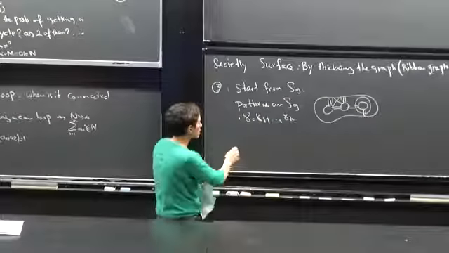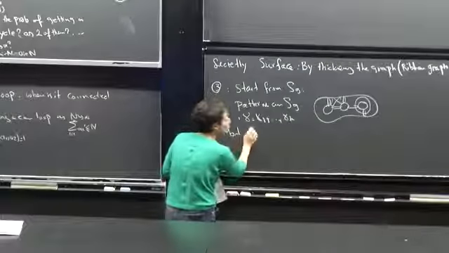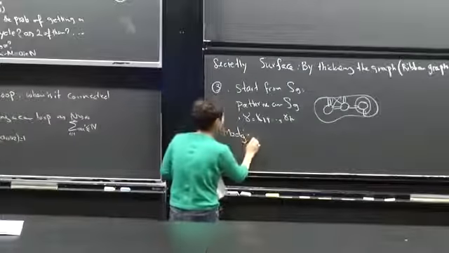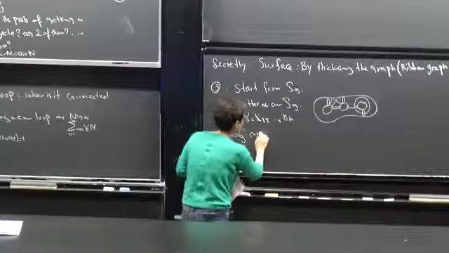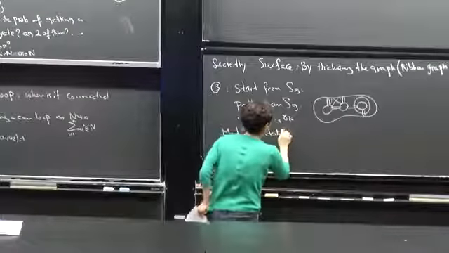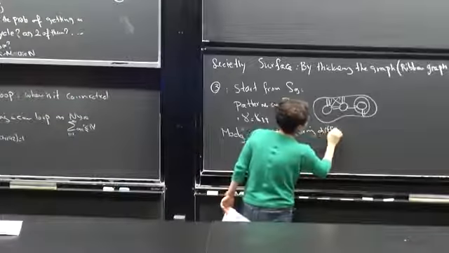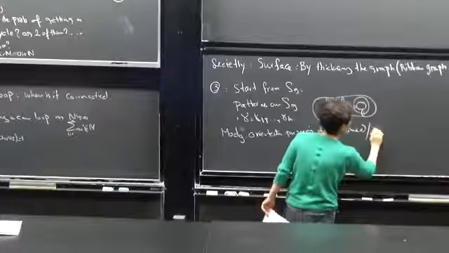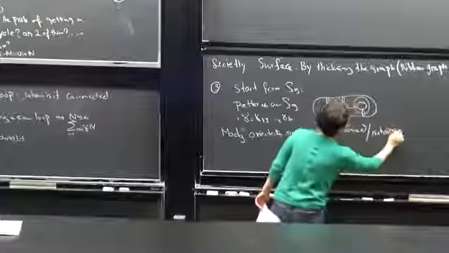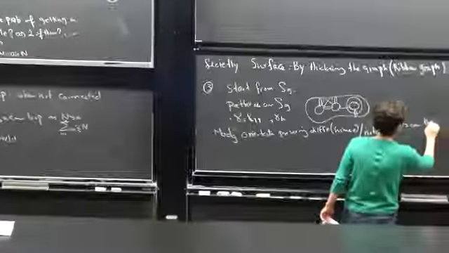The action is by the mapping class group of G, which is the group of, say, diffeomorphisms or homeomorphisms, orientation preserving, or homeo up to isotopy, acts on the set of patterns of this type.